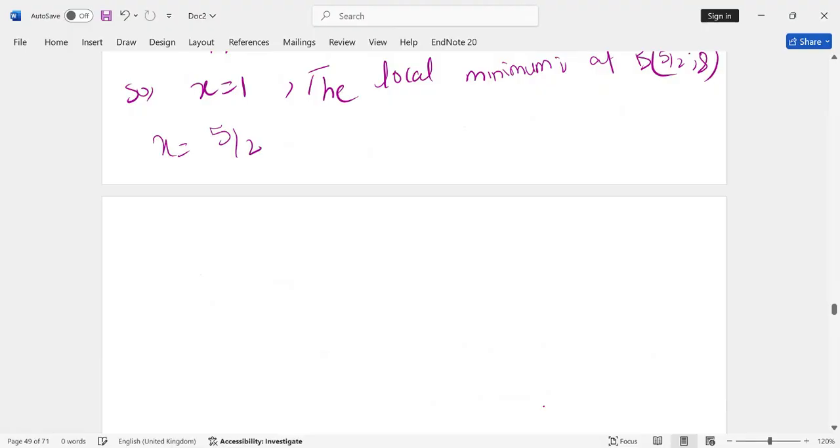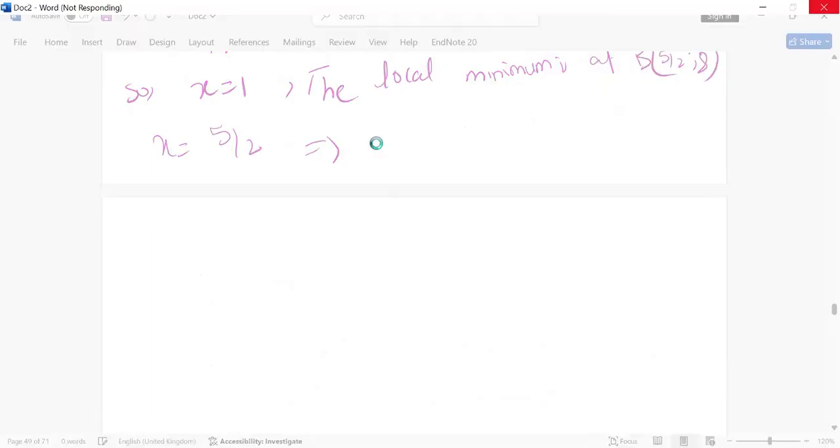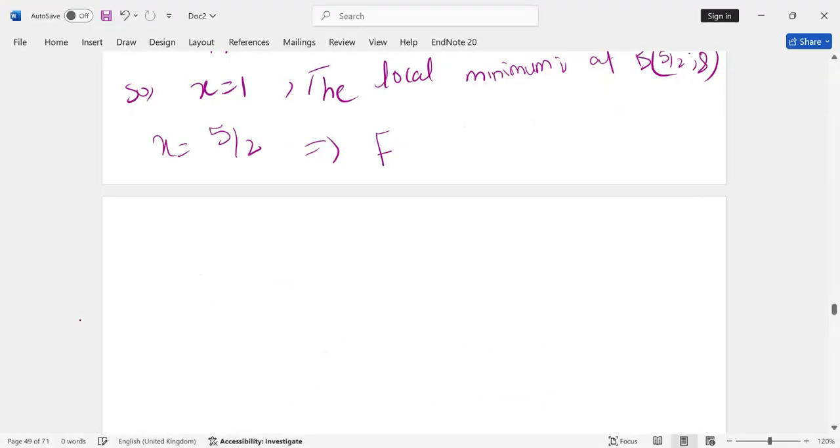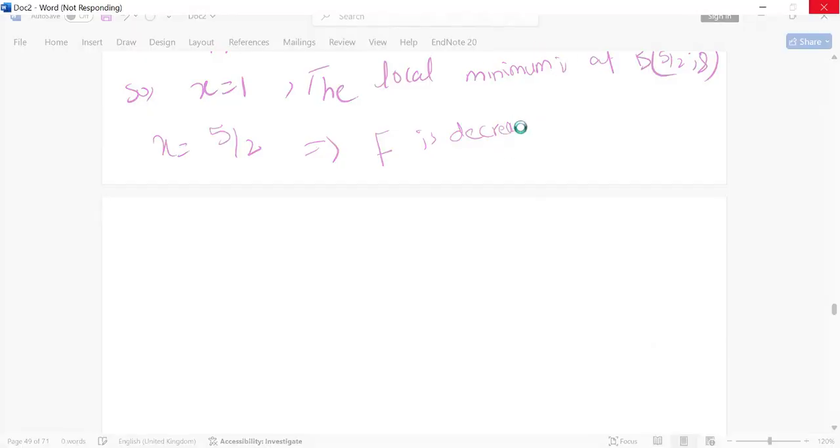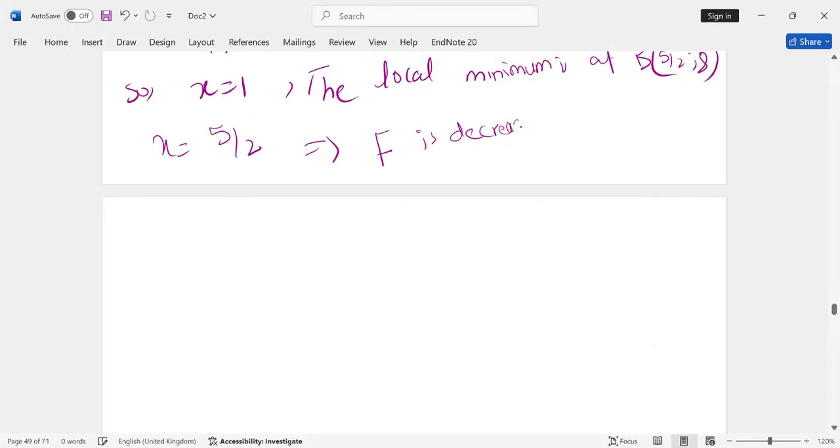Therefore f is decreasing for 1 less than x less than 5/2.